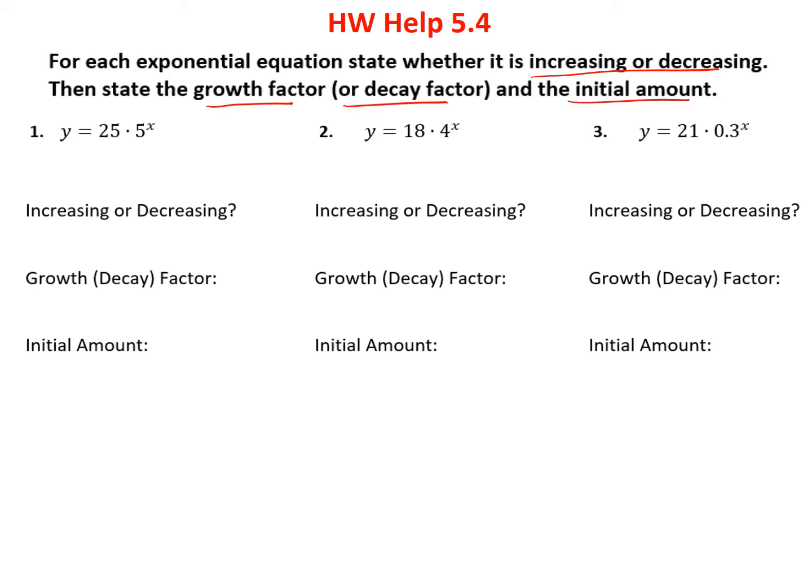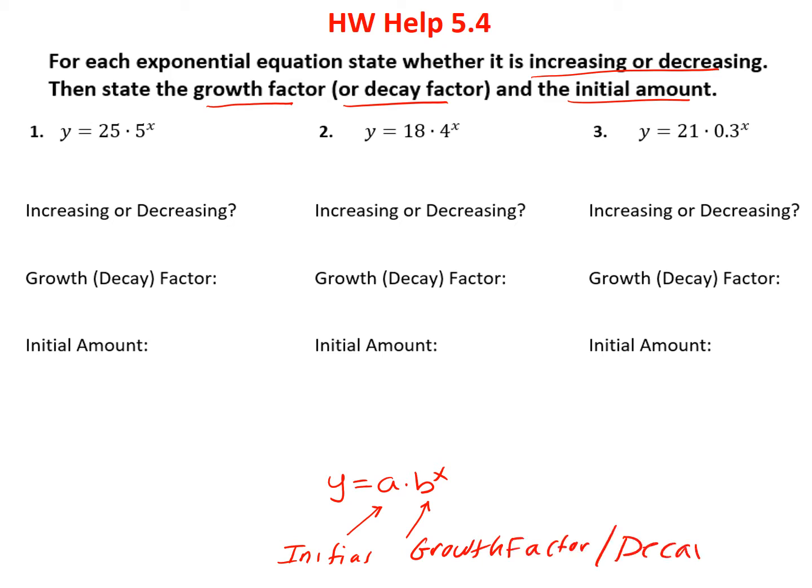Well, this basically comes down to recognizing the elements of an exponential equation. And I'll write it down here, just a reminder. A typical one looks like this: y equals a times b to the x. This number here, a, is the initial amount, okay? This number b is the growth rate, the growth factor, or decay factor if it's going down.